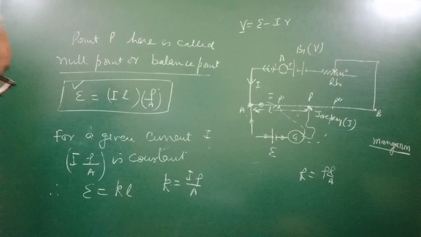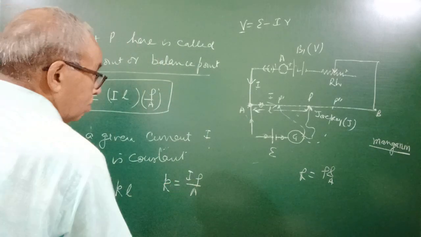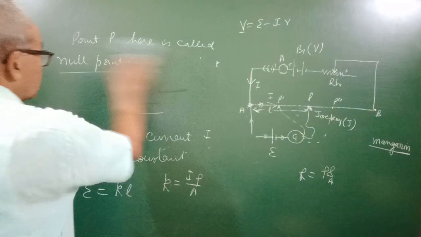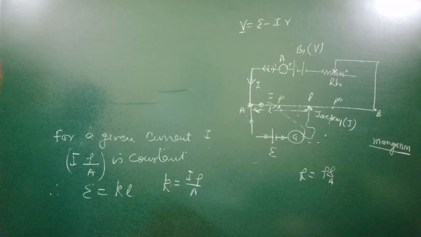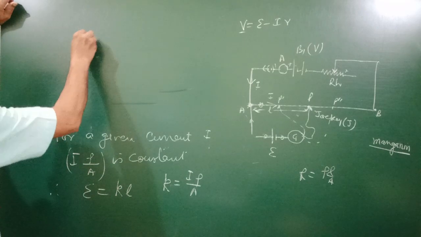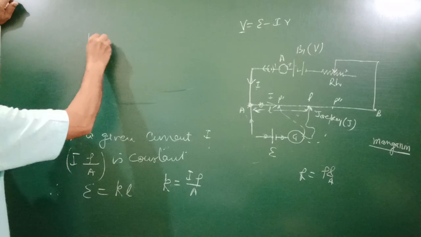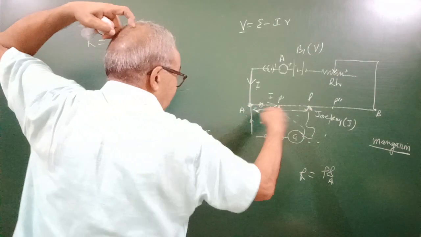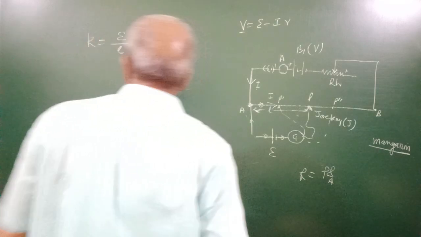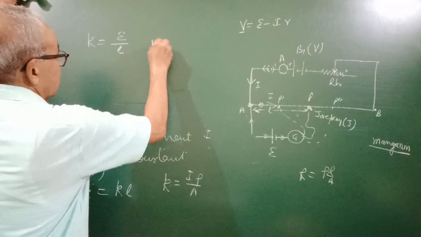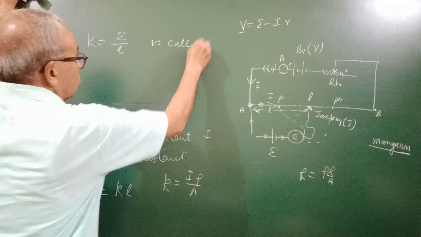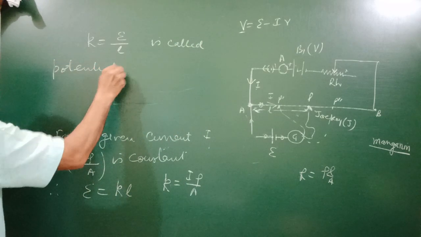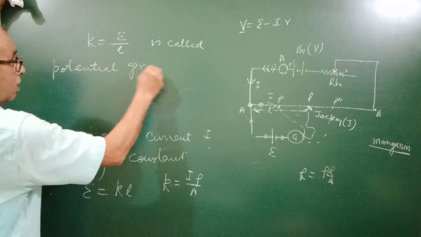Now, for a given current I and a given wire, from this equation you can say K is equal to E by L, the potential difference divided by length L, which is called potential gradient.